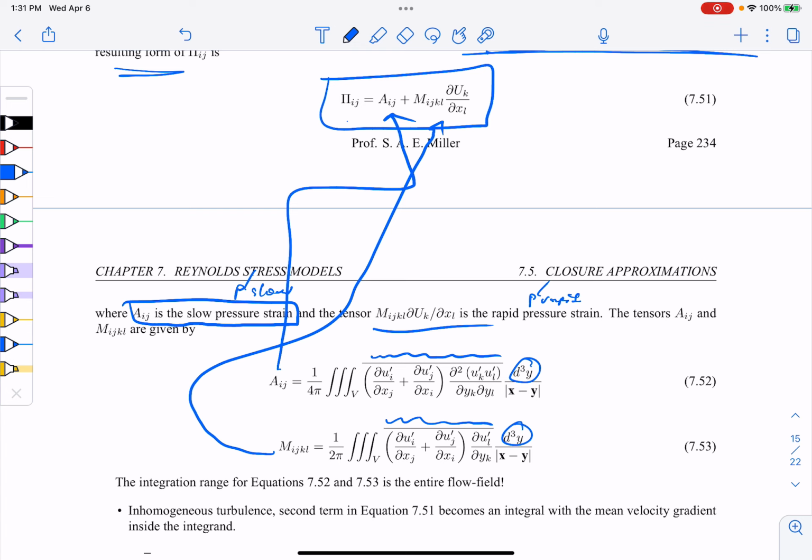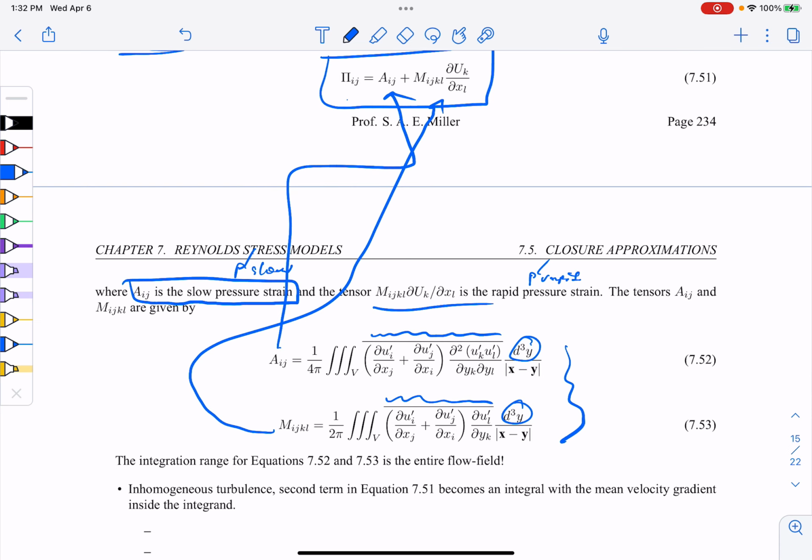And that's a very expensive calculation, and it's probably even more expensive than DNS, because I've done these types of calculations for aeroacoustic work from turbulence. Now, this is for homogeneous turbulence, but we're interested in inhomogeneous turbulence. So we need to look for the second term in particular in 751, Mijkl, right here. And we'll note that integration now involves the mean velocity gradients.